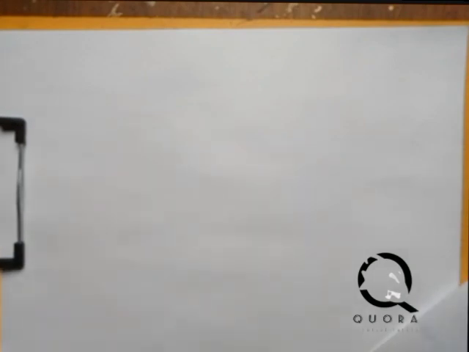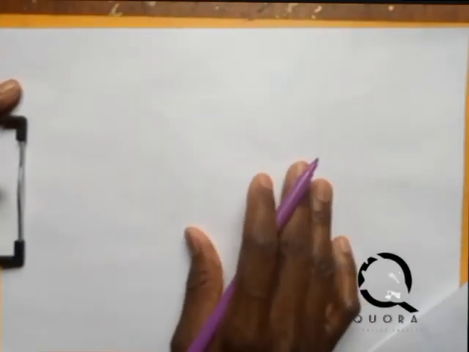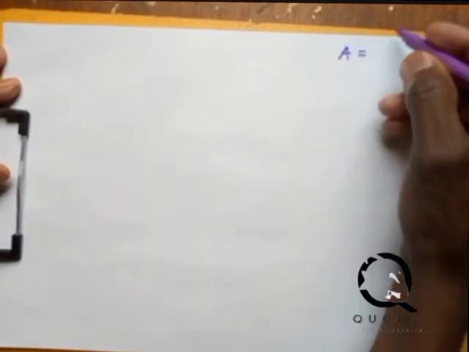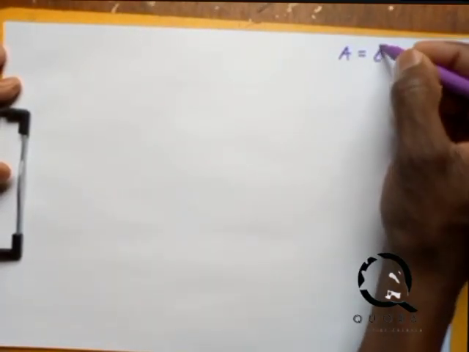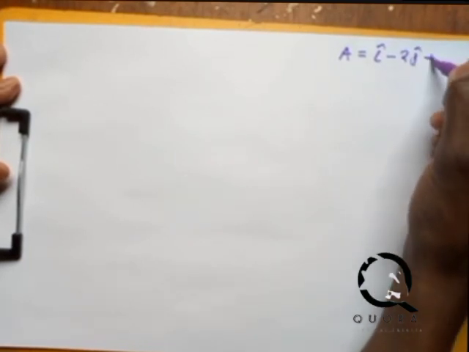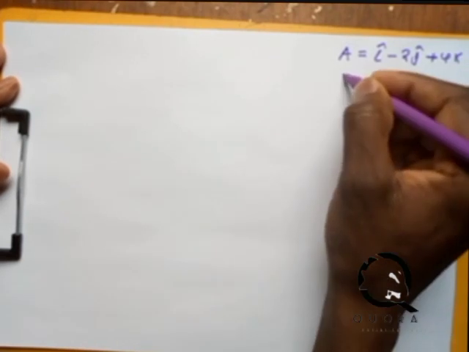Okay, I think let me try to use this other paper. So for vector A, we have i minus 2j plus 4k.